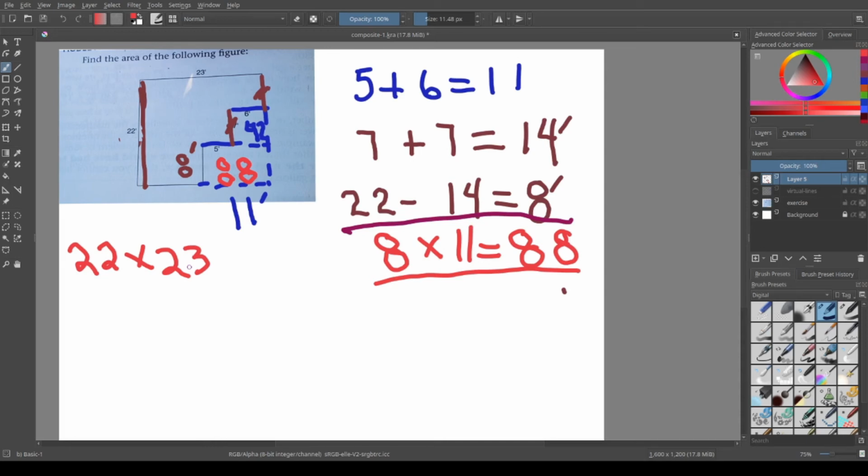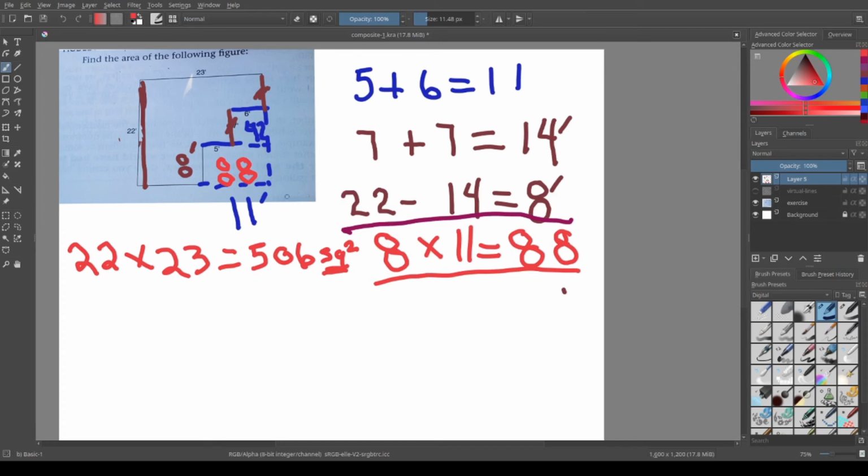I'm getting my calculator. 22 times 23 is equal to 506 square feet. But don't worry about the square feet part. You just need the 506.